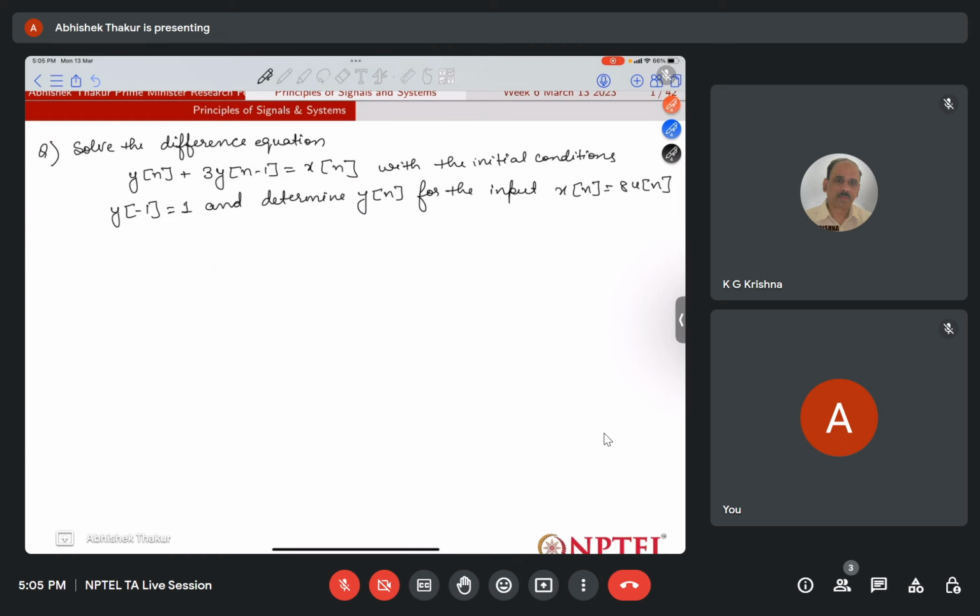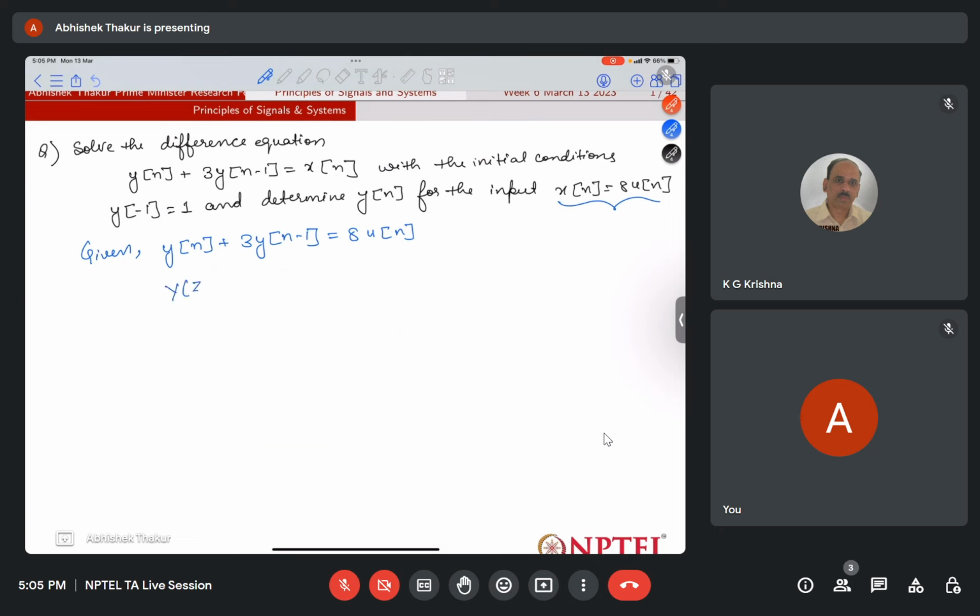So our input is given as x[n] = 8u[n], and in this question it is given that y[n] + 3y[n-1] = 8u[n], because we have substituted this value of x[n] in the given difference equation. Now we'll do the Z transform.